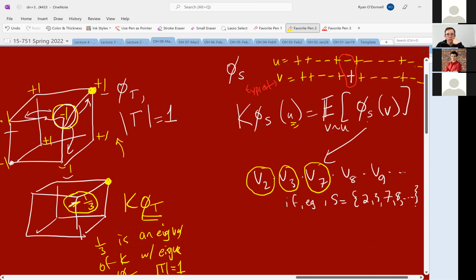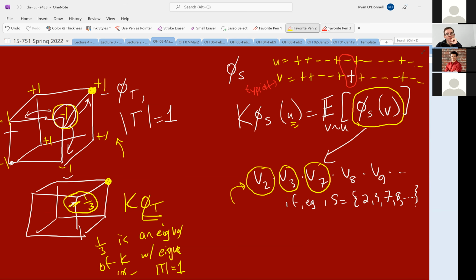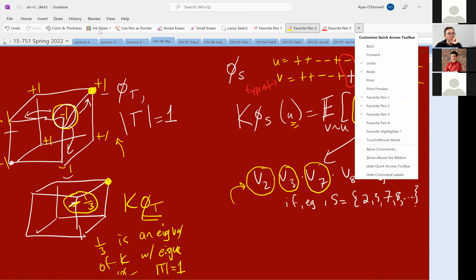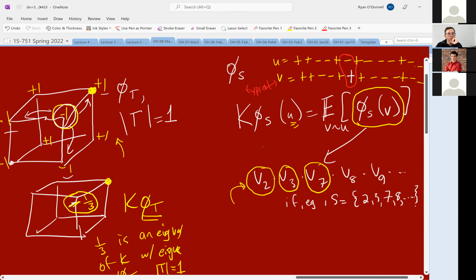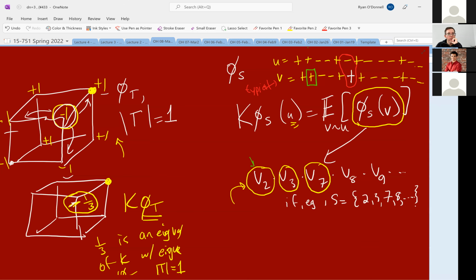So what to think about this quantity? I guess it's V2 times V3 times V. So I guess we could condition on whether the neighbor is flipped due to S. I'm trying to split it up into cases on whether the thing is flipped due to S. Yeah.